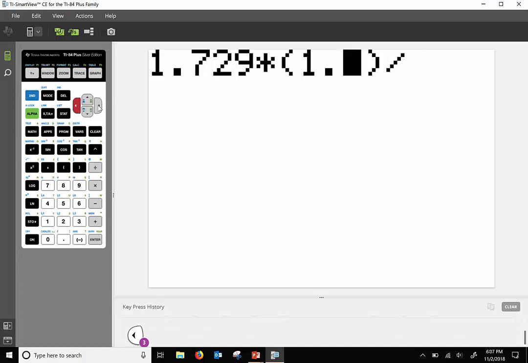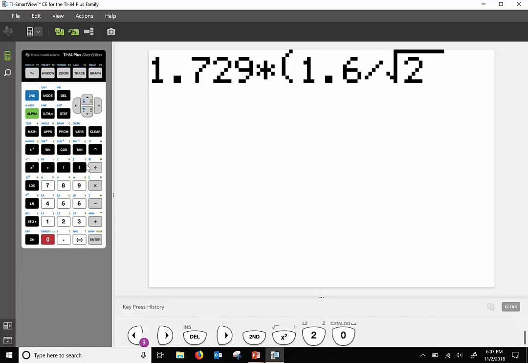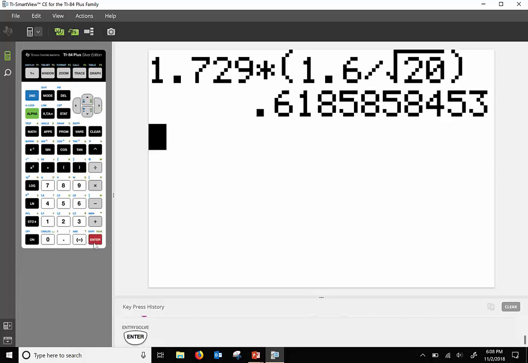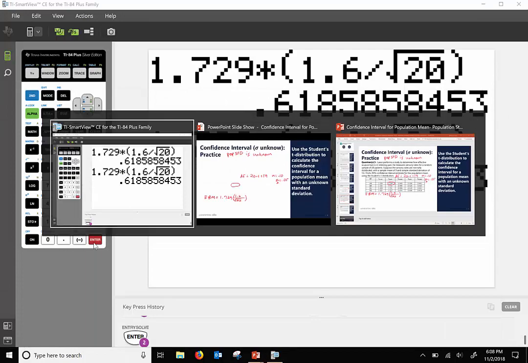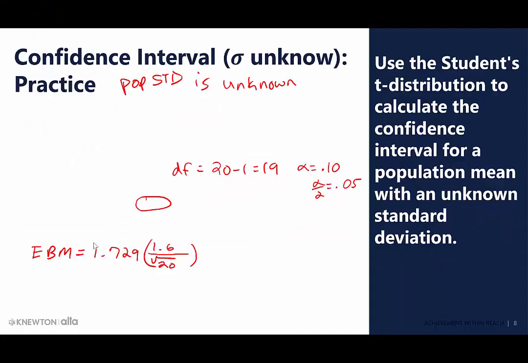Let's put this all in one single set of parentheses: 1.6 divided by the square root of 20. All right, closing that up, and this will give us our error-bound mean, or the margin of error. To 3 decimal places, it's 0.619.